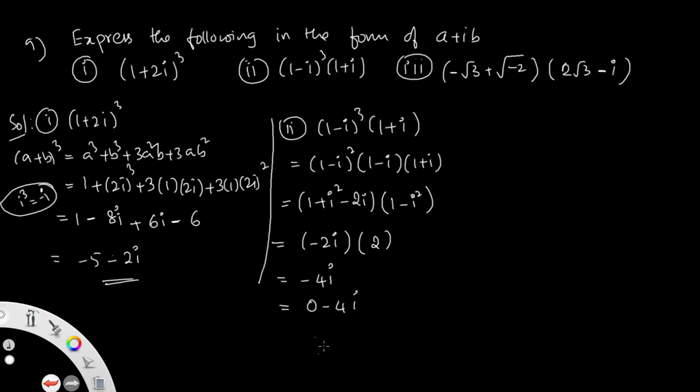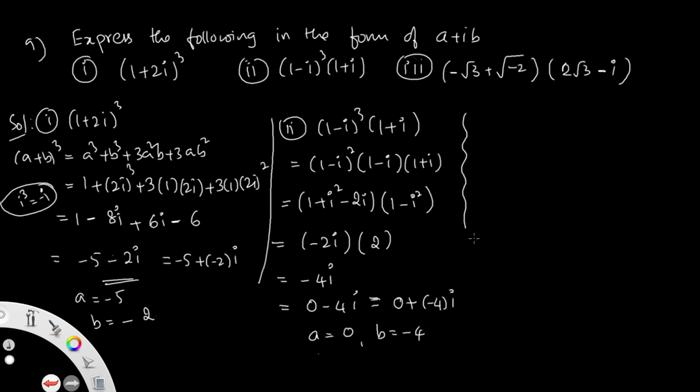That means a equals 0 and b equals minus 4. That is what a plus ib asks, so we write 0 plus minus 4 into i. Here also, for the first answer, a is minus 5 and b is minus 2.